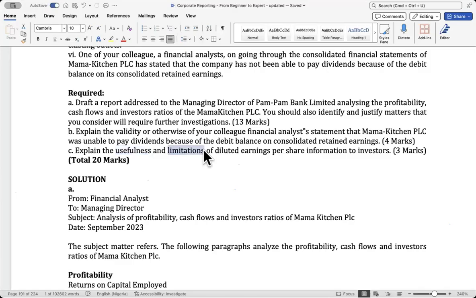And secondly, it uses current year earnings to judge future ordinary shares, whereas the earnings of the company might have either increased or decreased, as the case may be. It's a limitation, so it's inaccurate because they are using current year earnings on future ordinary shares.